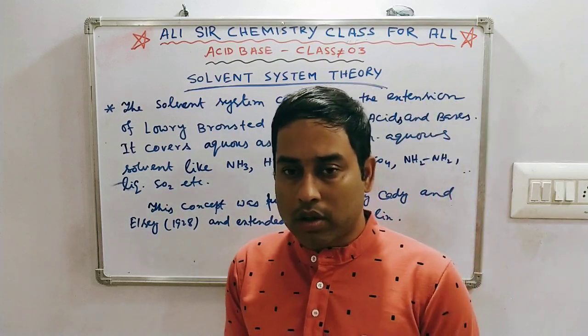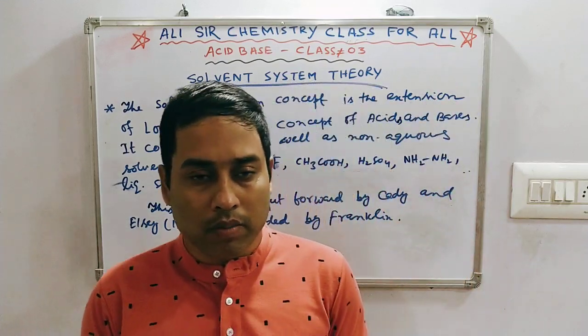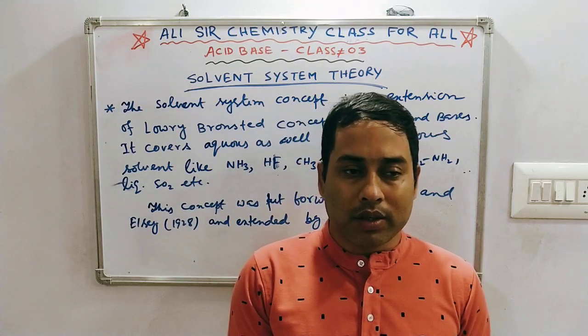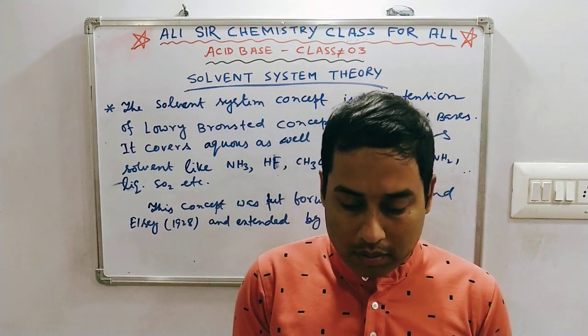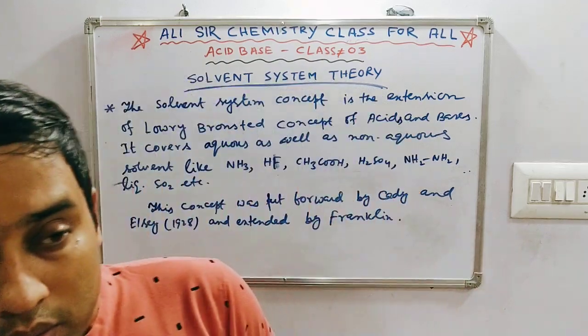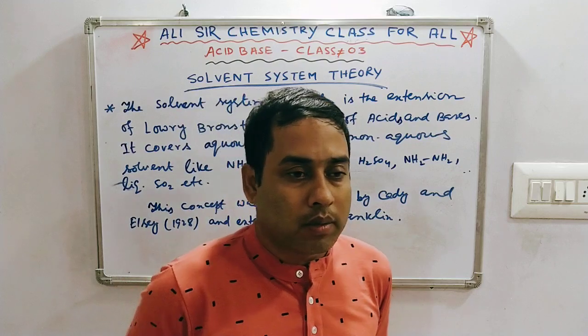Today's class is focused only on solvent system theory, which is a very important theory of acids and bases. It is nothing but the extension of the Lowry-Bronsted concept. So let us try to explain today's class.